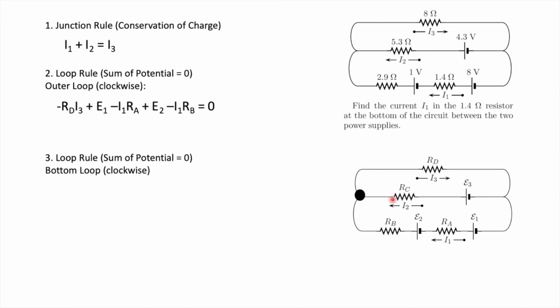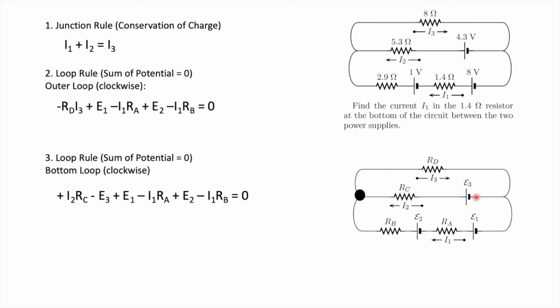As I take my positive test charge from low potential to high potential, it gains energy. Hence that is positive. So I2RC is positive, unlike when we go with the current from high potential to low potential in the first example, where we get negative. So that's positive I2RC.